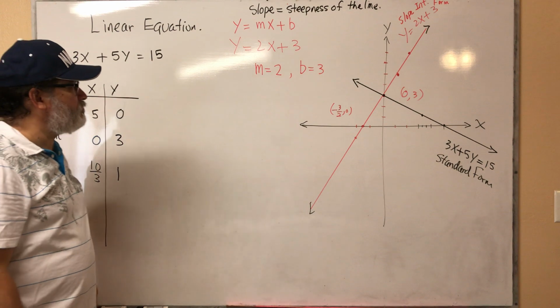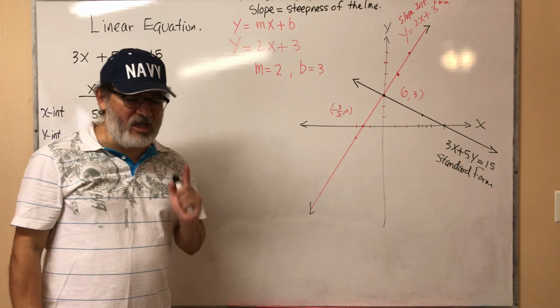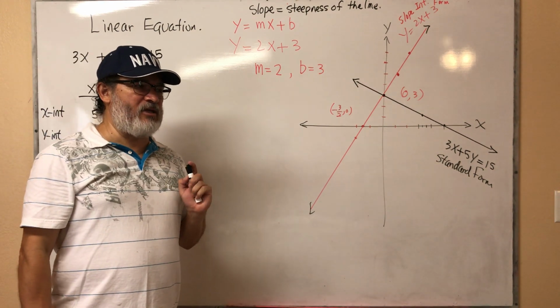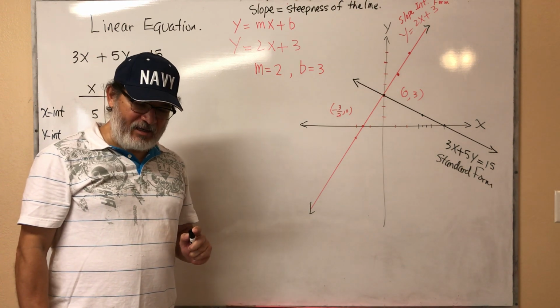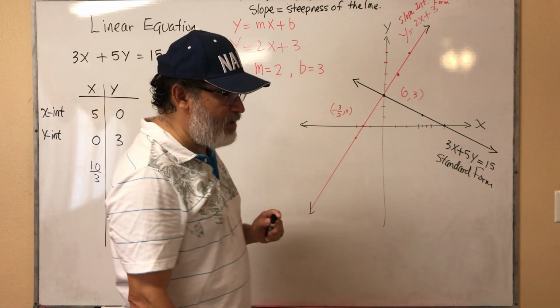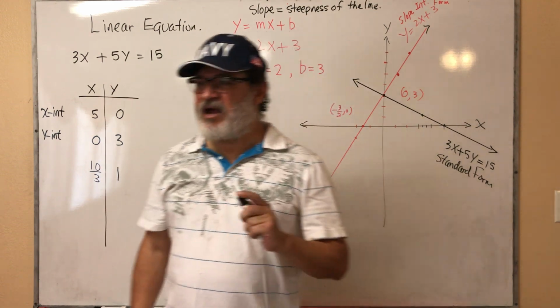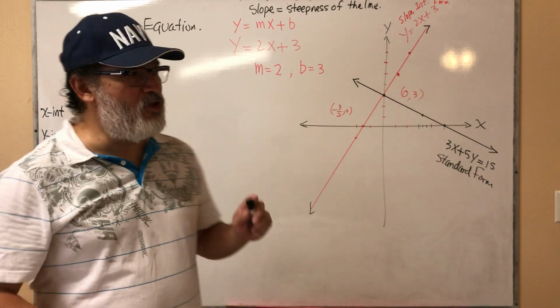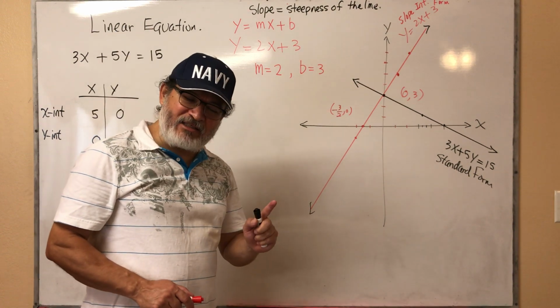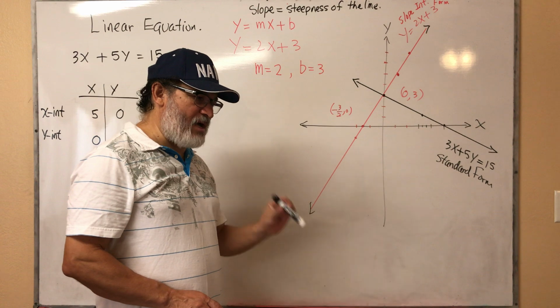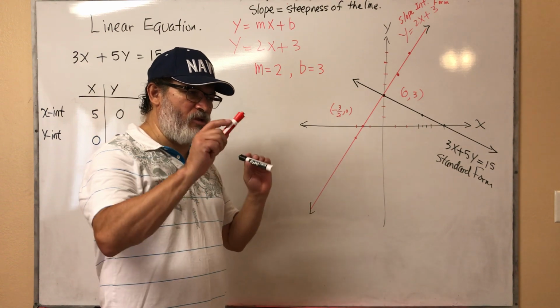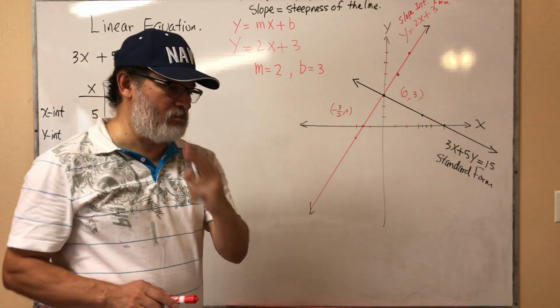Okay. Now don't forget what I just said. The slope is the steepness of a line. The slope is found by the rise over the run. You rise from one point to another point. You need 2 points.